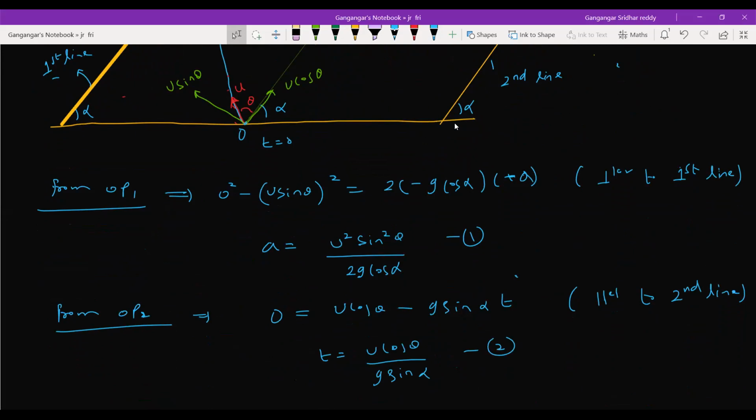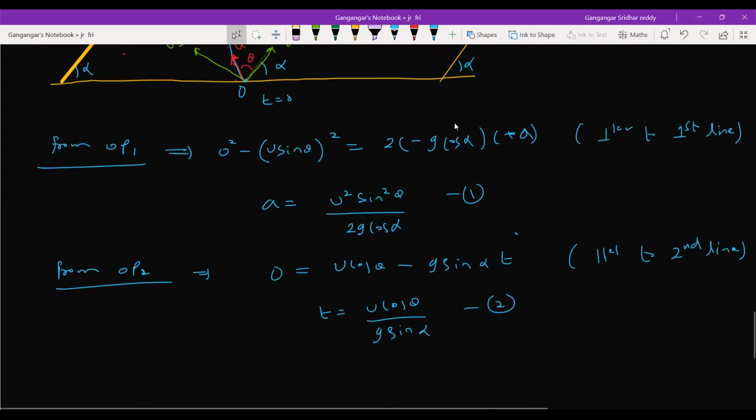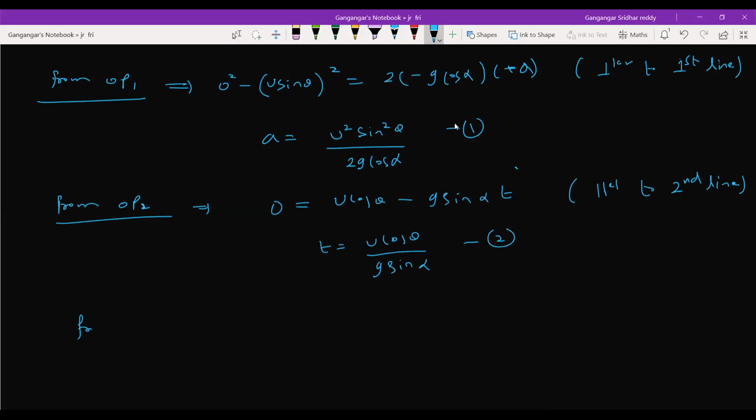Let me write from O to P2 perpendicular to the second line. I'll show the diagram.